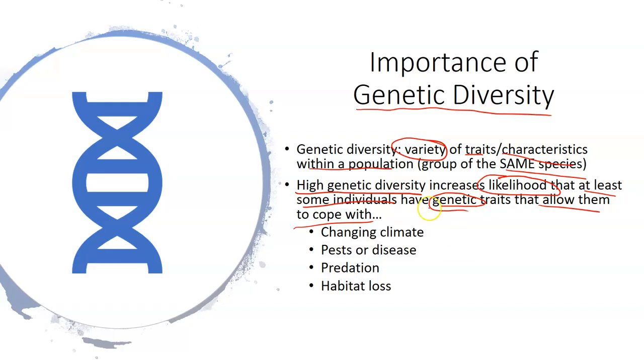Okay, so the more variety of genetic traits that we have, which is what we're talking about when we say genetic diversity, that just means if something happens, the more diversity we have in genetics, the more likely that at least some of the individuals can cope with whatever that change is. Okay, as long as there's not too big of a change.